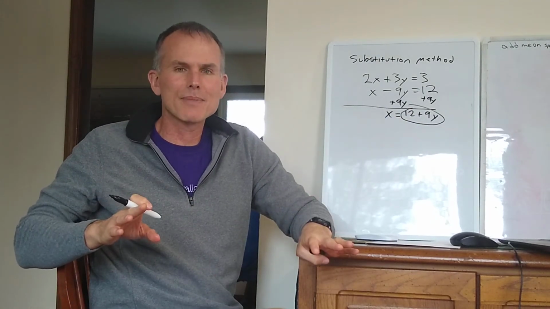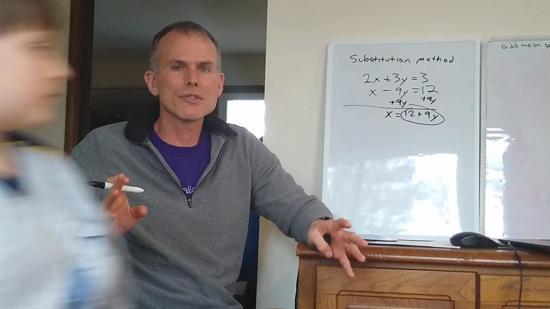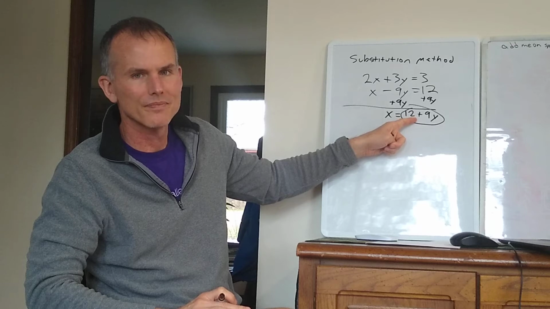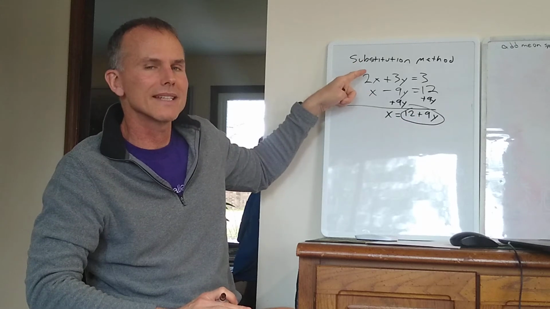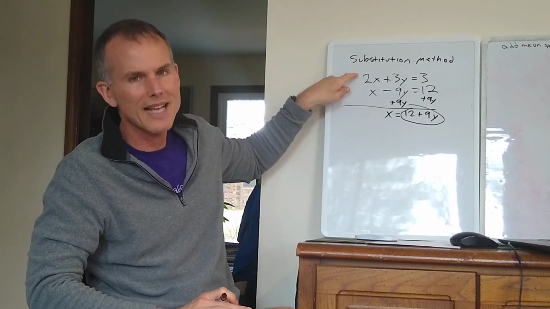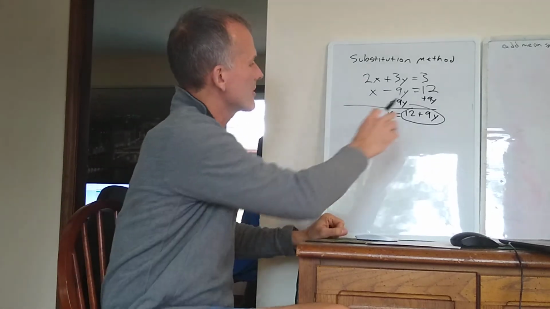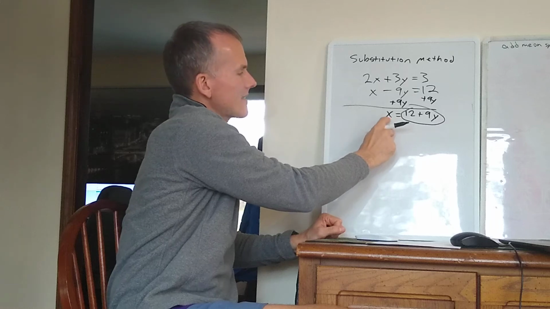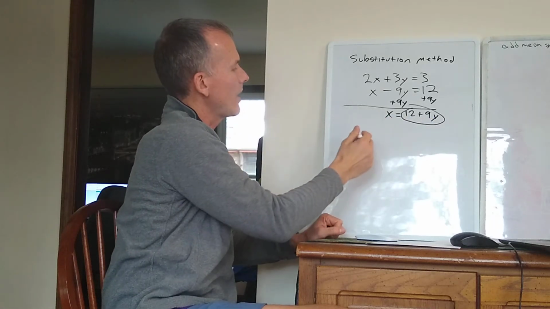Well, the second step in this method, and this is why it's called the substitution method, is I am going to substitute this expression into whichever equation I didn't use in step one, which would be the top equation. I'm going to substitute this expression in place of x, because x is exactly equivalent to 12 plus 9y.